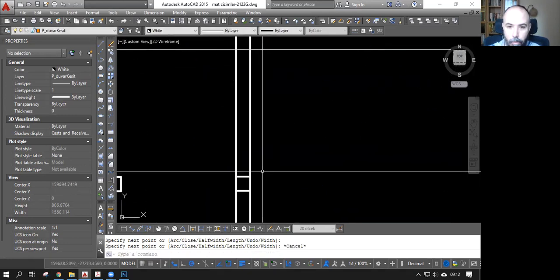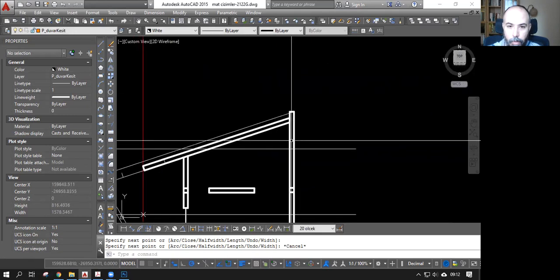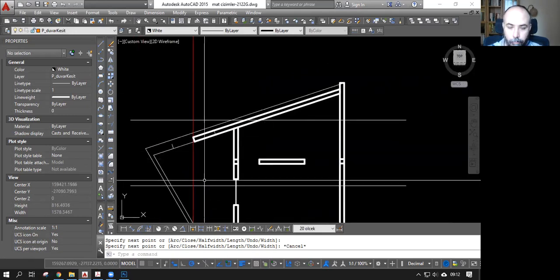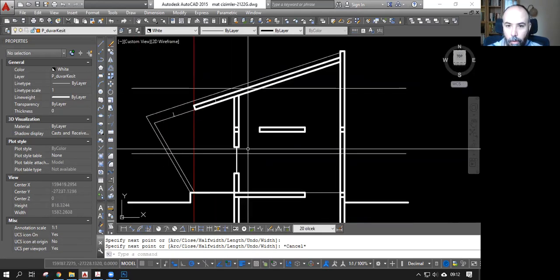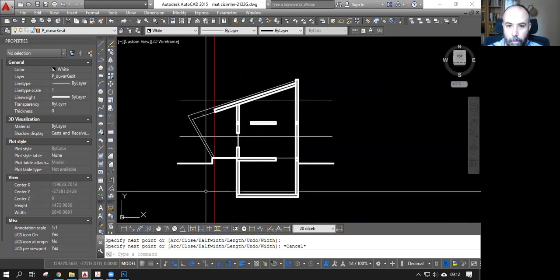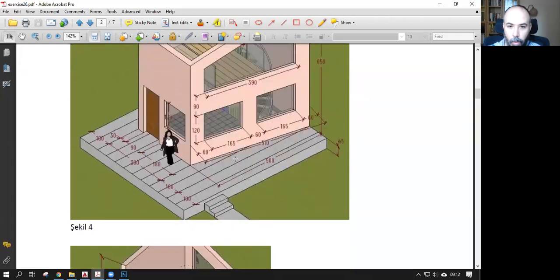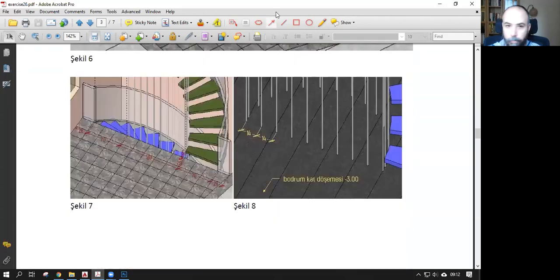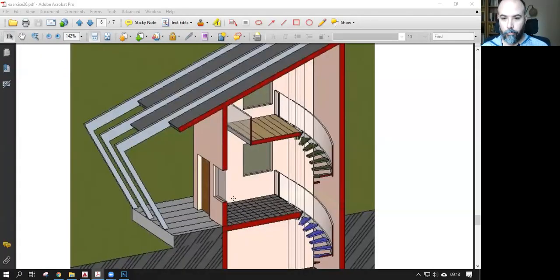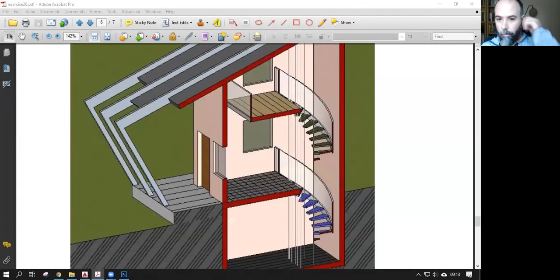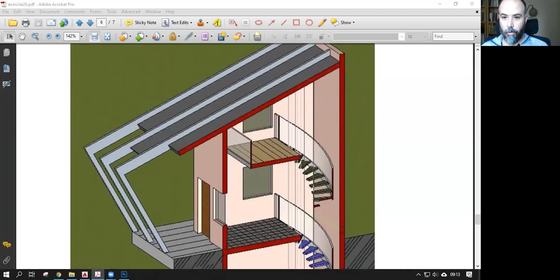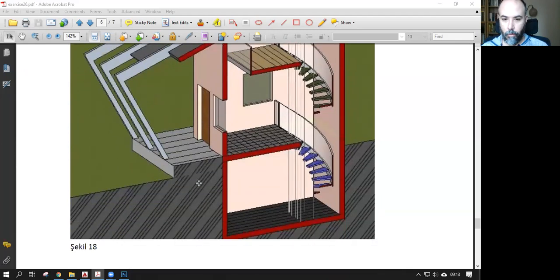It's 650 centimeters, this height. And yeah, that's it. So these are the cut surfaces, except the stairs. Let me check one more time. Yeah, except the handrail and stairs here, I think I finished all the things that are being cut.